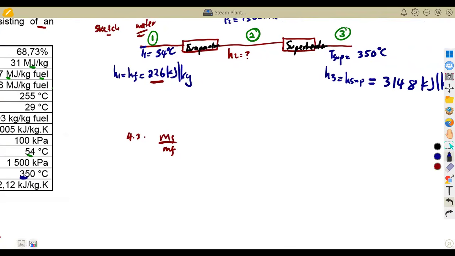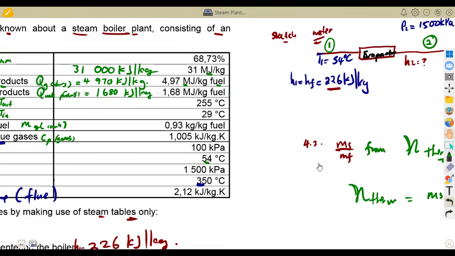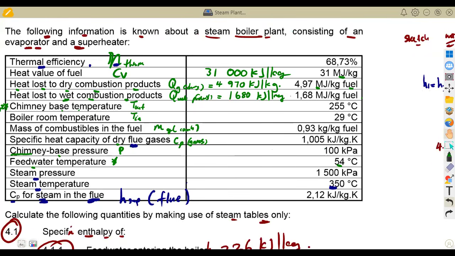From our thermal efficiency formula, the thermal efficiency is equivalent to the mass of steam into h_last. We consider this when you are not given anything else and they just write thermal efficiency. This is for the entire plant. I told you guys, when you're given it like this, you use it for the whole plant.